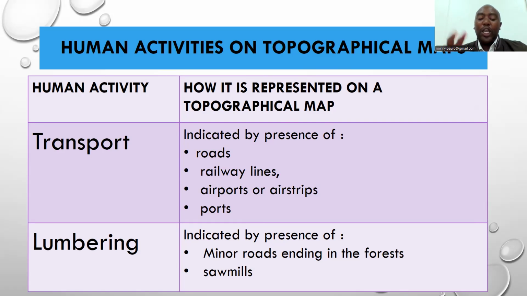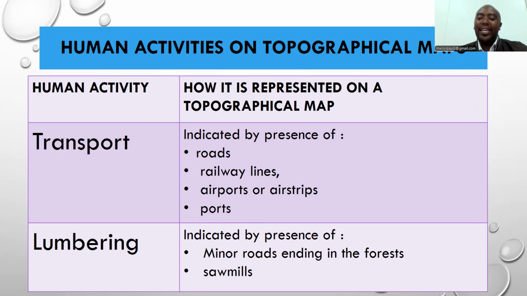The second human activity on a topographical map is lumbering. Do you know what lumbering is? In a fraction of a second, remind yourself about what lumbering entails. It's a human activity. Lumbering on a topographical map is indicated by the presence of minor roads that end in the middle of the forests.